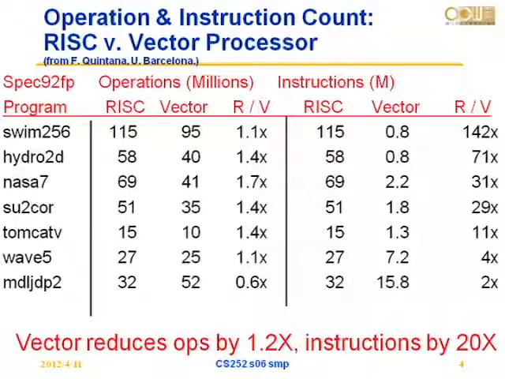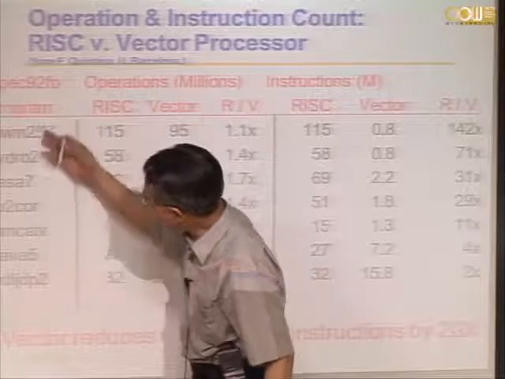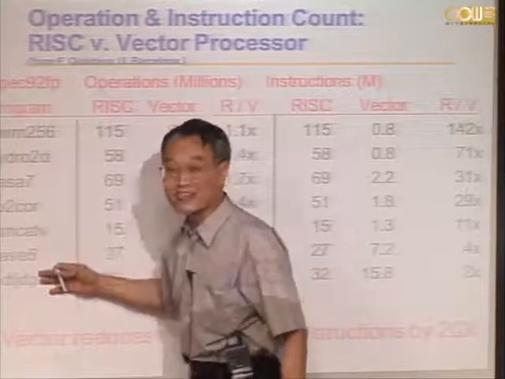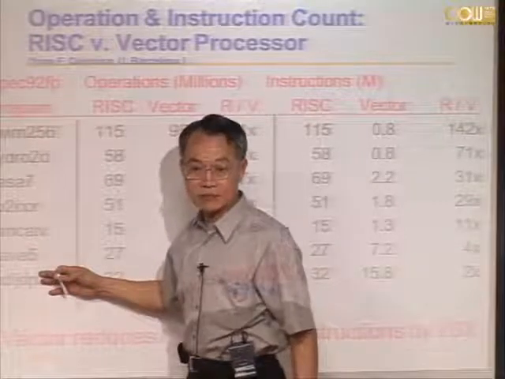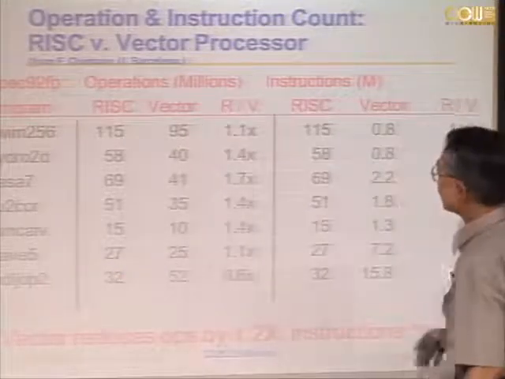And then if we compare a RISC design against a vector design, the number of operations for these benchmark programs, all these benchmark programs are not very vectorizable. They're only a little vectorizable.